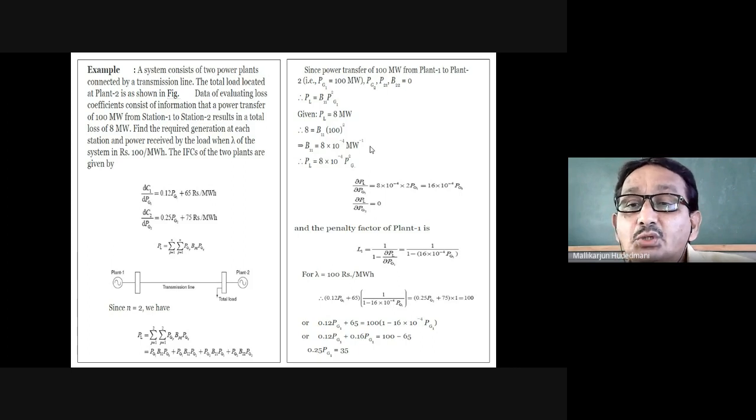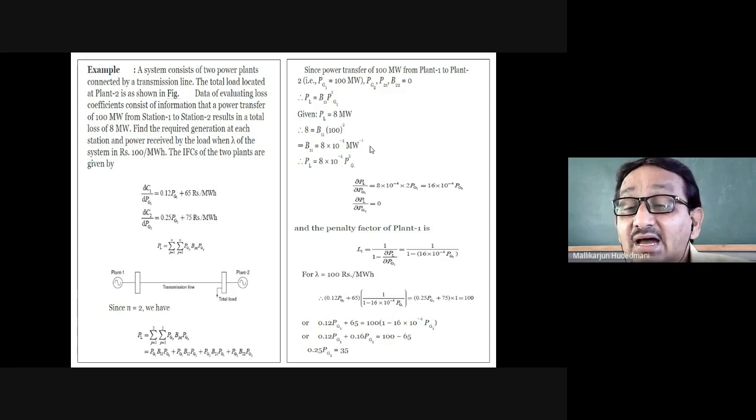When I take dou PL by dou PG2, there is definitely no PG2 term, so that will be 0, because the load is on plant 2 itself, so there is no loss incurred. Therefore, L1, the plant penalty factor for plant 1, is 1 divided by 1 minus dou PL by dou PG1. If I substitute the above dou PL by dou PG1, I'll get a simplified term.